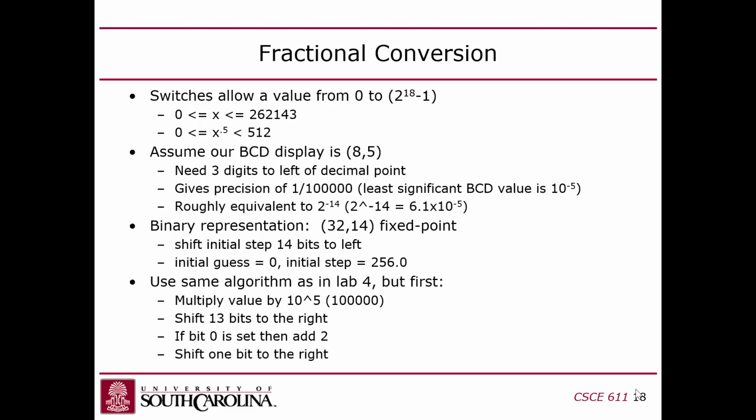In answer to your question, how do you know when to stop? Your step is going to be half of 512, right? 256, right? 256 in fixed point, meaning you take 256, which is bit 8. You guys following this? It's bit 8, because 2 to the 8th power is 256.